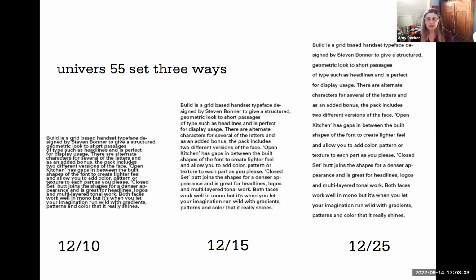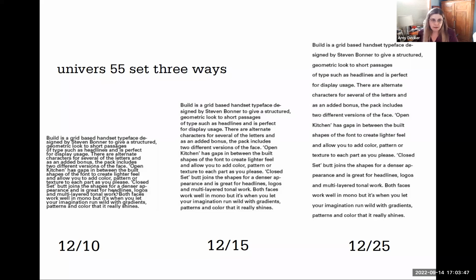So just 12/10 is how you would spec the point size and leading for that paragraph of copy if we were setting copy. Oh, so it would just be those 3 pieces of info then, the typeface and then 12/10. Right, you would say Universe 55 is the typeface. Universe 55, 12/10. Got it. Okay, thank you. Sure. Now, if it's bold or italic, you would put Universe 55 bold or Universe 55 italic, whatever version it is. But if it's just the regular, which is what this is, it's just Universe 55, 12/10.